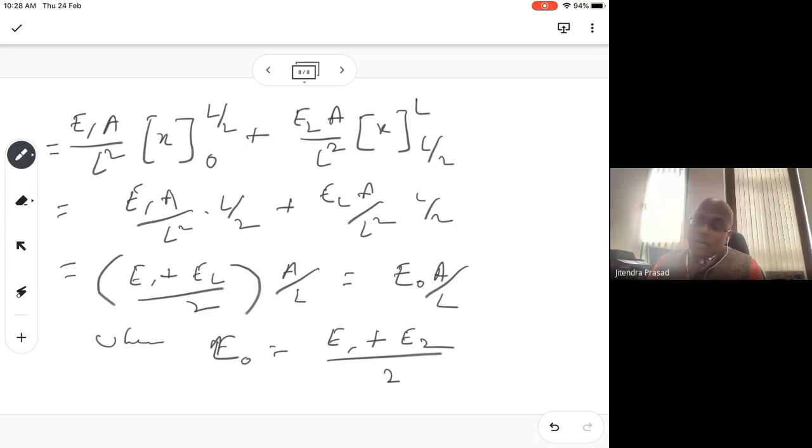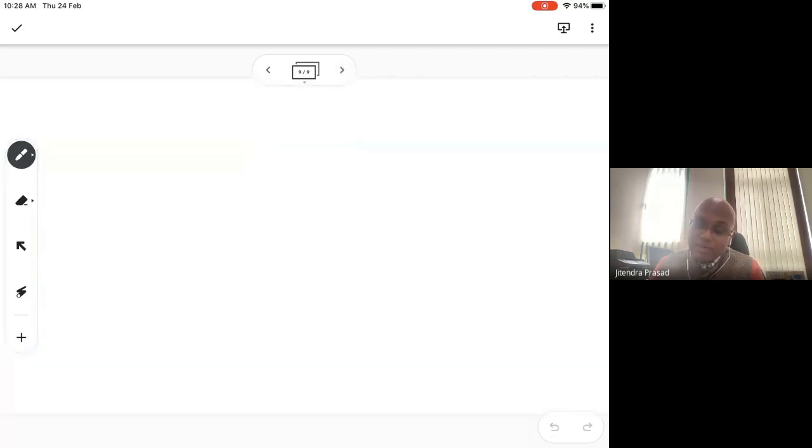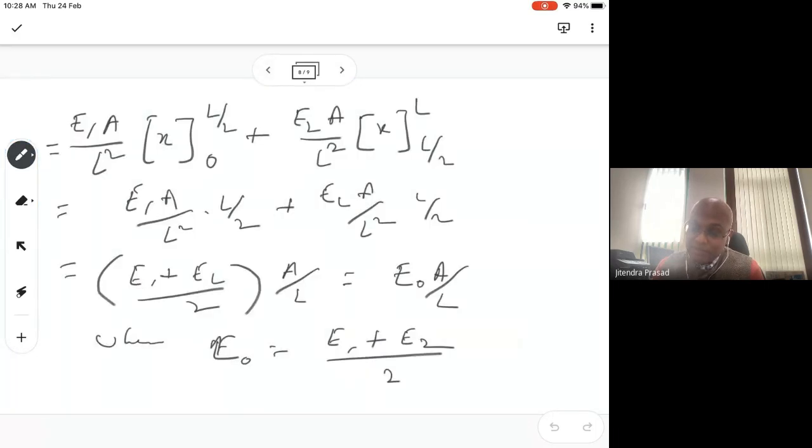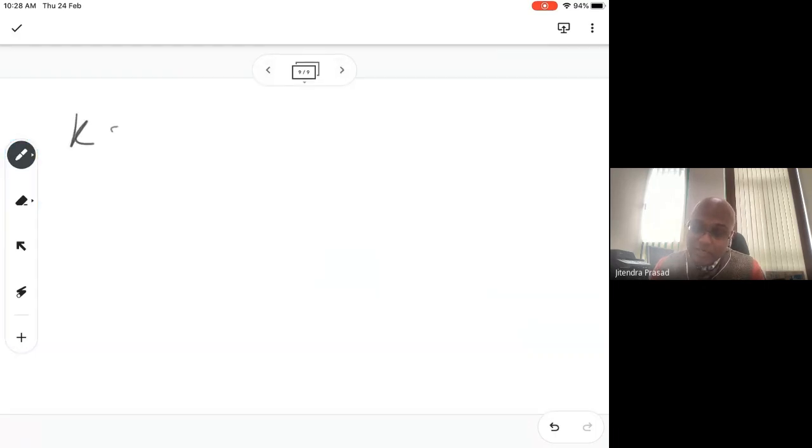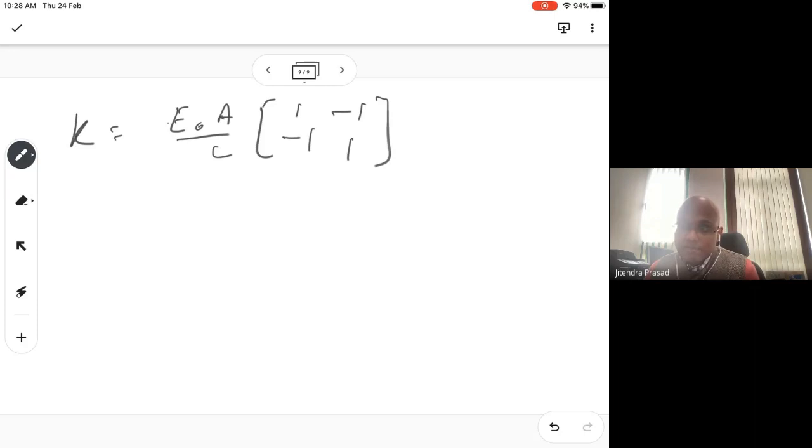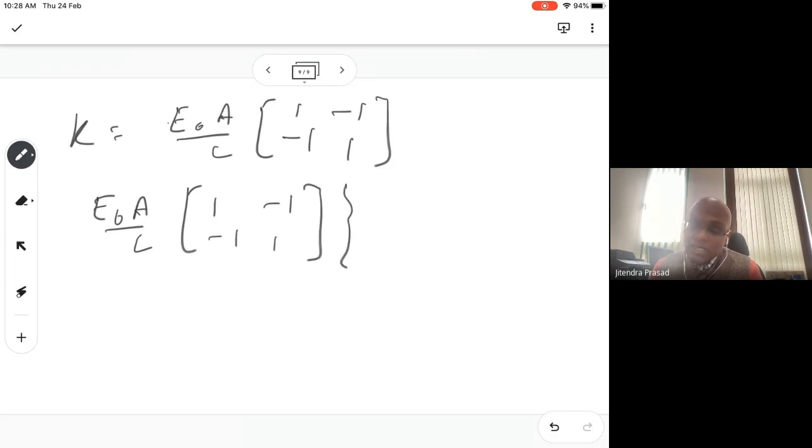Okay. Now you do the other things. If it is like that, then K will be simply E naught A over L times the matrix 1 minus 1, minus 1 1. And then you solve it: E naught A over L times that matrix, and then you have U1, we don't know, U2 is equal to 0, equal to, we have the 50 here, and we don't know, this is R2 here.